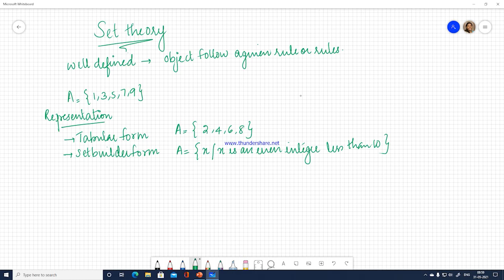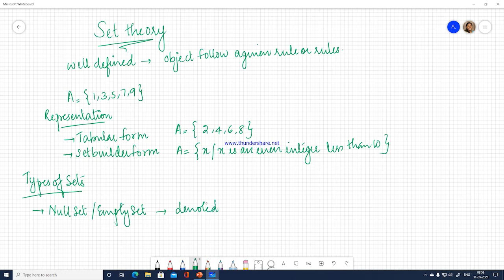Okay. Now, let's see the types of sets. The first one is the null set or empty set. It is basically denoted as either ϕ or { }. This is the null set.